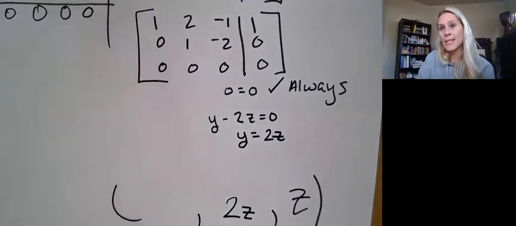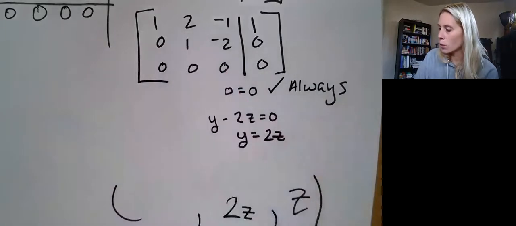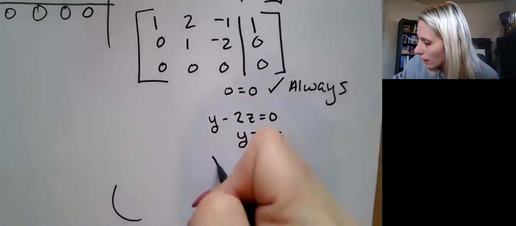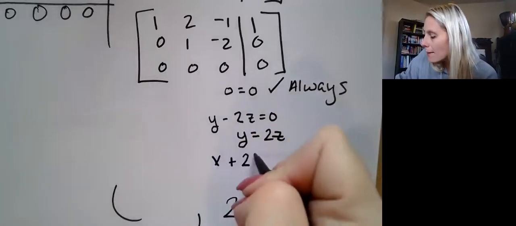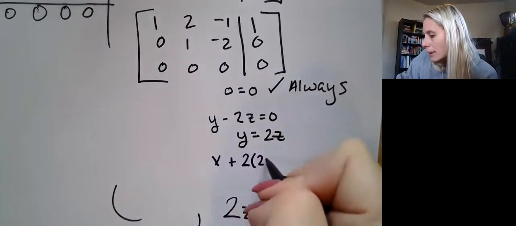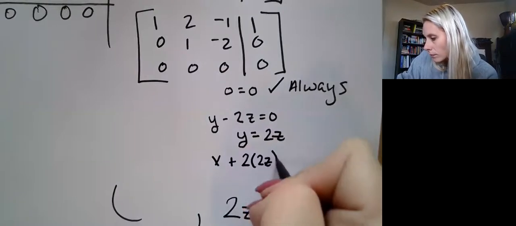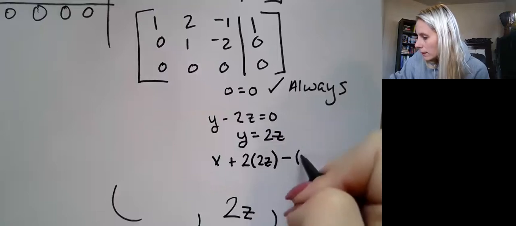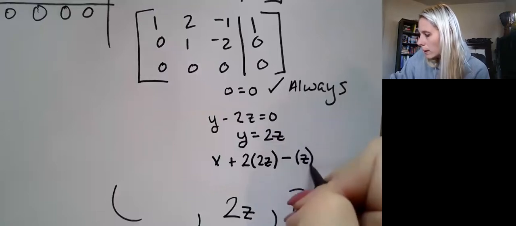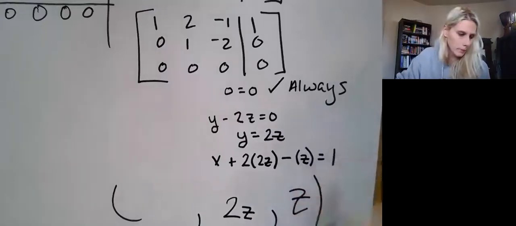Now we're going to do the same thing for the x coordinate right here. So we get 1x plus 2y, but instead of 2y, we're going to put that 2z in there. And then minus 1z equals 1.